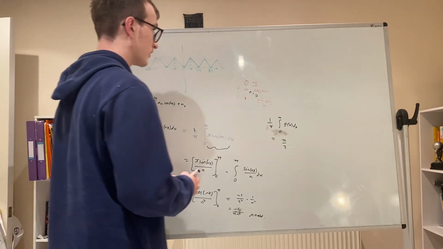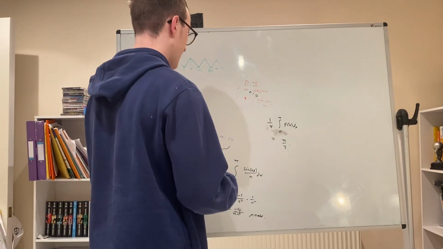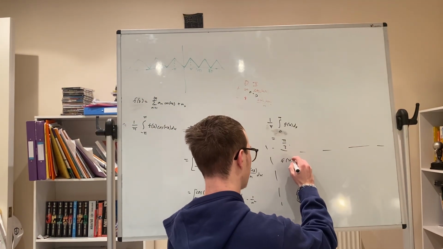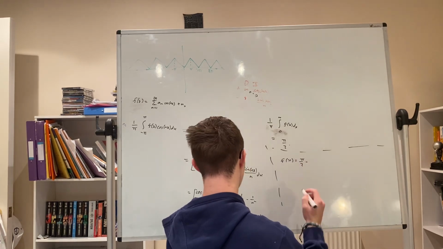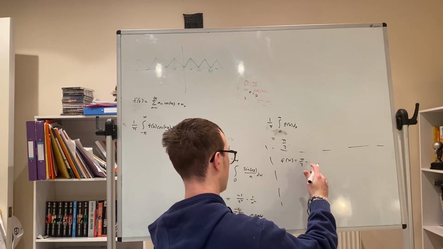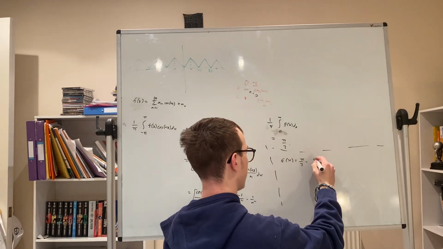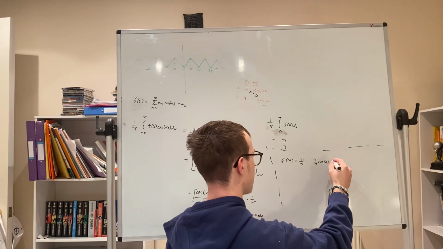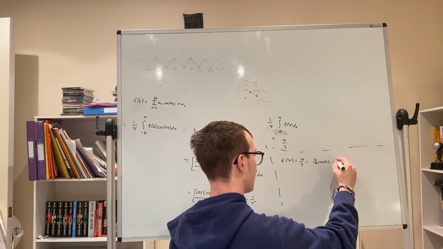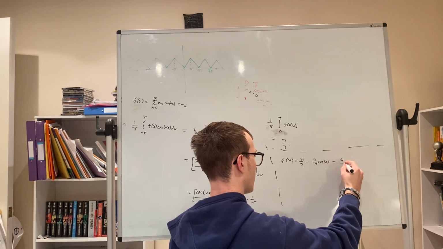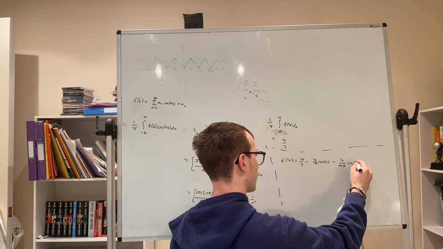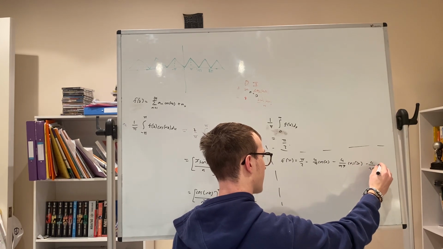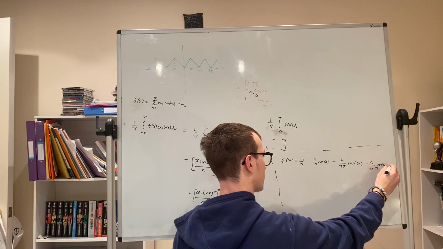So, to write this all down nicely, if I'm just going to do this in the corner, we have that f of x is equal to pi over 2 minus, so a1 is just 4 over pi cosine x, a2 is 0, a3 is 4 over 9 pi, so minus 4 over 9 pi cosine of 3x, minus 4 over 25 pi cosine 5x, and so on.